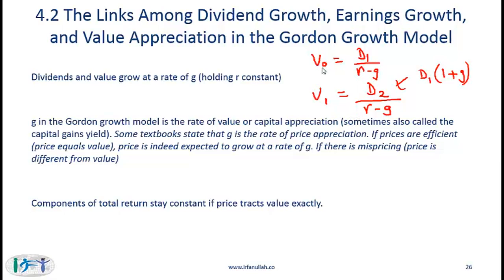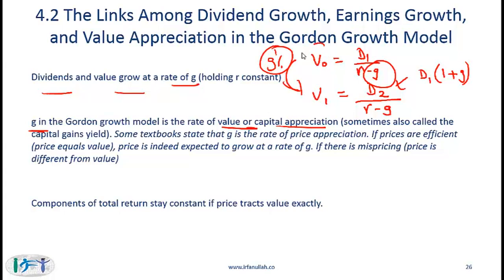What about the value? If you think of D2 as D1 into 1 plus G and the denominator is staying the same, then notice that the value is also increasing at a rate of G%. So that is the point here. It's very straightforward. Dividends and value grow at a rate of G. So the G in the Gordon growth model is the rate of value or capital appreciation.